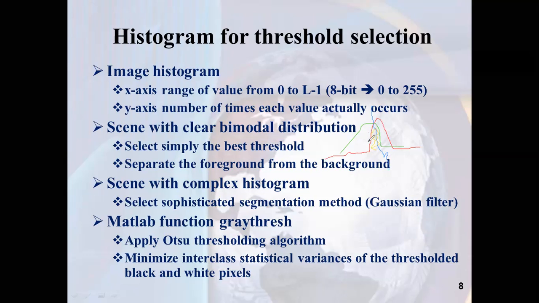When we reduce the size of the overlapping region, it means that we minimize the overlapping between the two classes, and we can improve the thresholding of the image when we want to transform this image into a binary image.